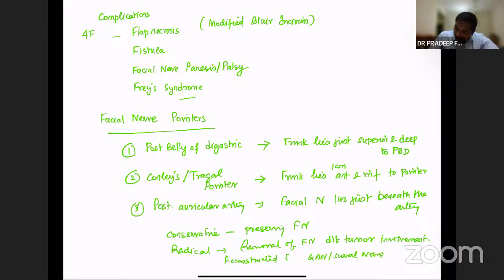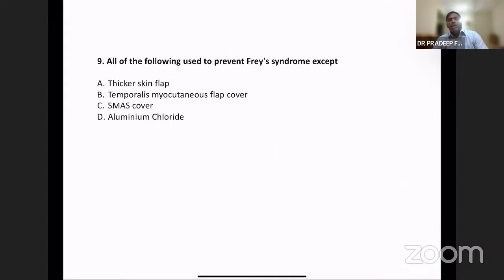This type of nerve grafting is called cable nerve graft. So these are the very high-yield questions related to parotid surgeries. And there is a recent surgery called extracapsular parotidectomy or adequate parotidectomy that we will discuss in this question.